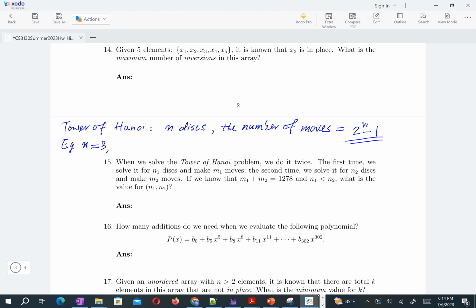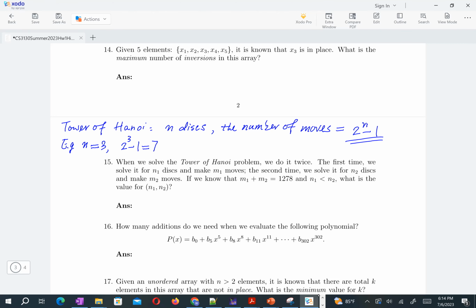Example, e.g. So 2 to the third minus 1 equals 7. The formula. Okay, why is that?